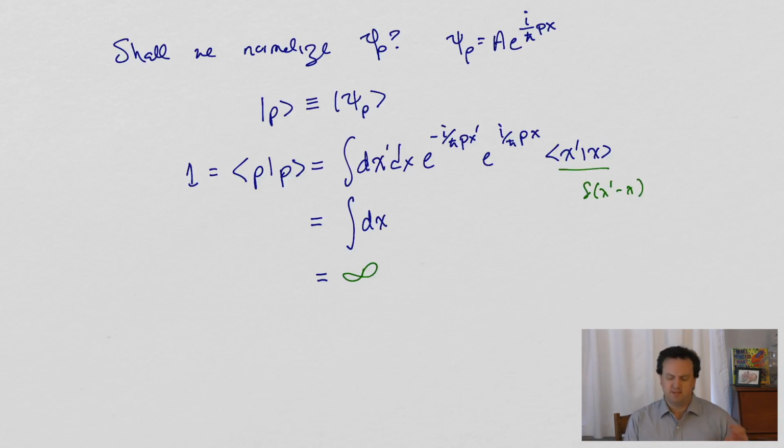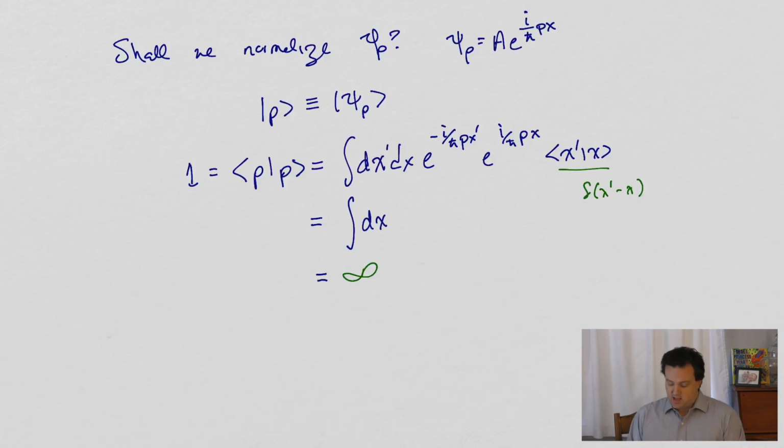Sorry, let me say that very clearly. There's something a little bit fishy about the position space wave function of the eigenstates of the momentum operator, in that it doesn't seem possible for me to find some amplitude for which this thing is normalized.